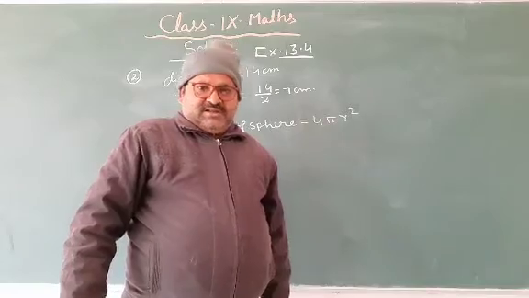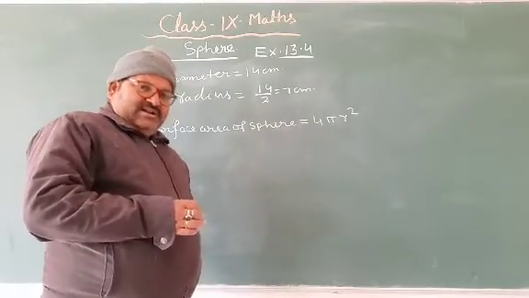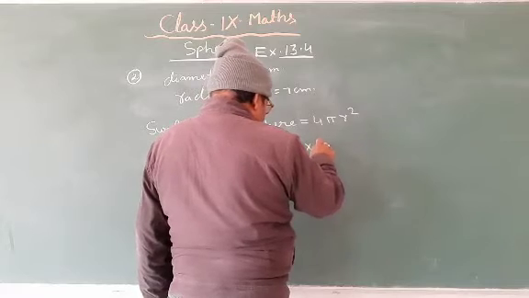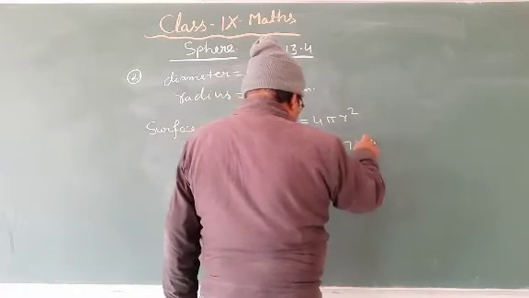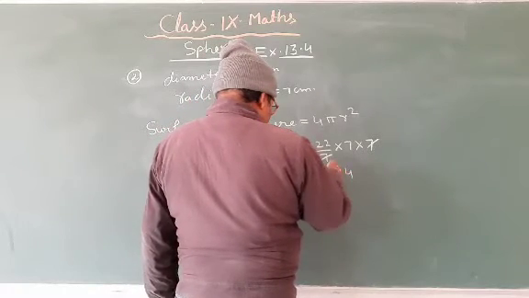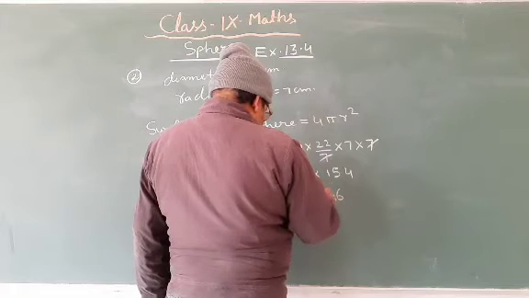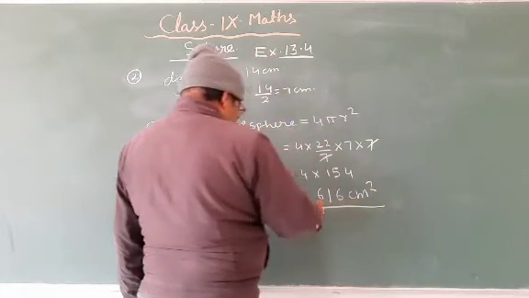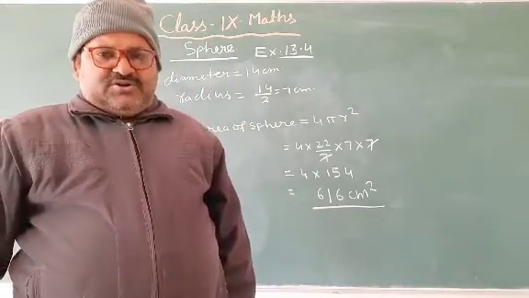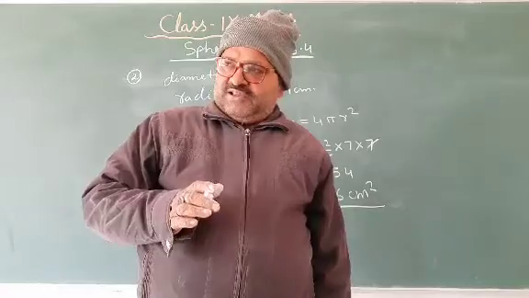Surface area is the same as the curved surface area. 4 into 22 by 7 into 7 into 7, and 7 cancels. 4 into 154 is 616 centimeter square. 616 centimeter square is the curved surface area, the surface area of a sphere.